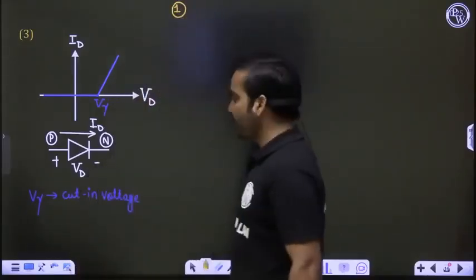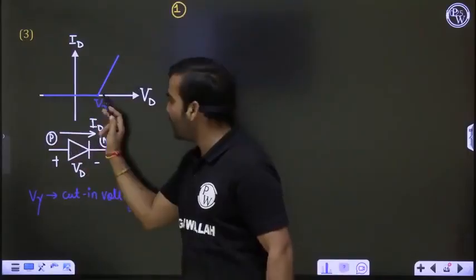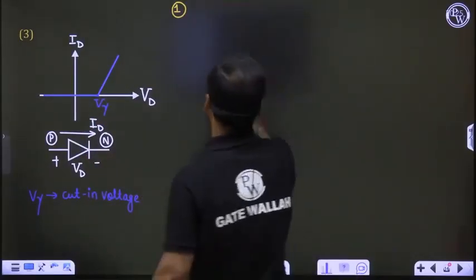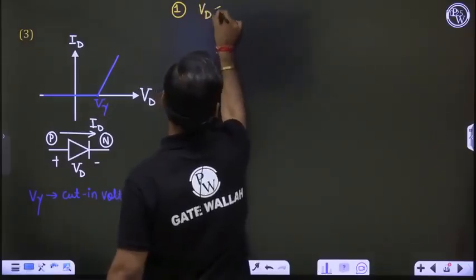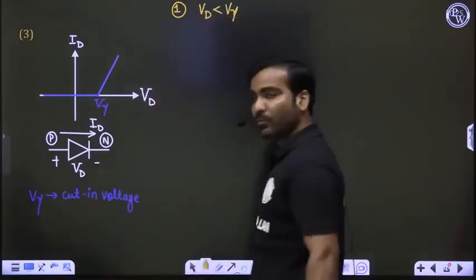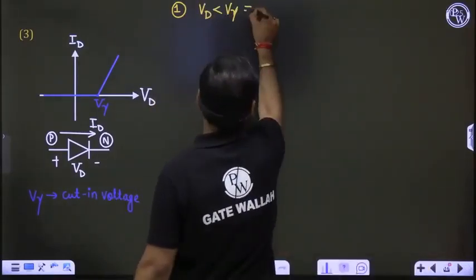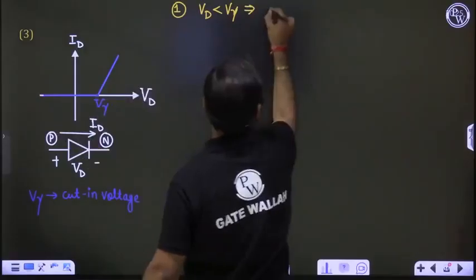When Vd is less than V gamma, how much current is there? Zero current is there. Again the diode is an open circuit. So don't say, sir, why are you speeding up, because we now have a better understanding. So Vd is less than V gamma. At that time current is zero.